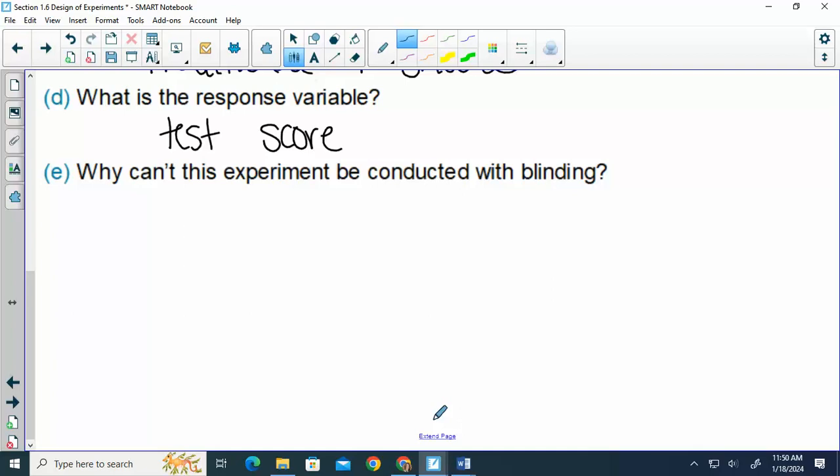Okay, why can't this be done with blinding? Because they'll know which if traditional online. Right. You know if your class is in person or online, and if I'm teaching you, I know if I see you every day or if you're online. So both sides know.